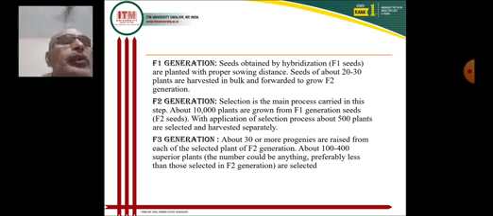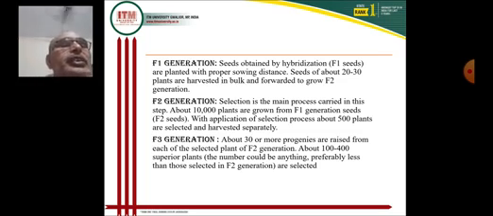F3, about 30 or more progenies are raised from each of selected plant of F2 generation. About 100 to 400 superior plants, the number could be anything, preferably less than those selected in F2 generation, are selected.